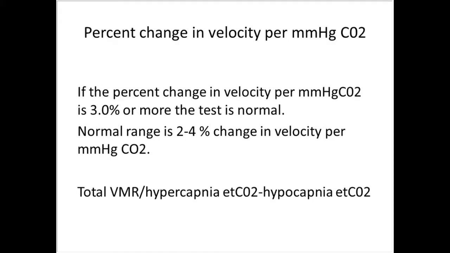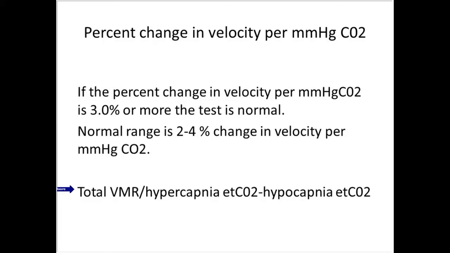But we also calculate the percent change in velocity per millimeter of CO2. And I'm just going to show you down here, and that calculation is the total VMR divided by the hypercapnia end-tidal CO2 minus hypocapnia end-tidal CO2.